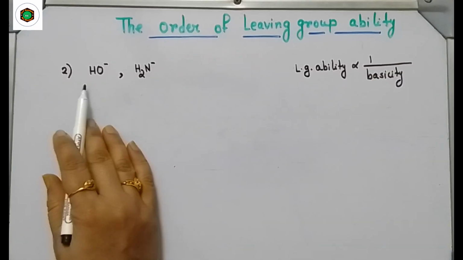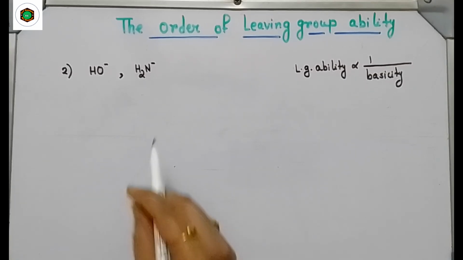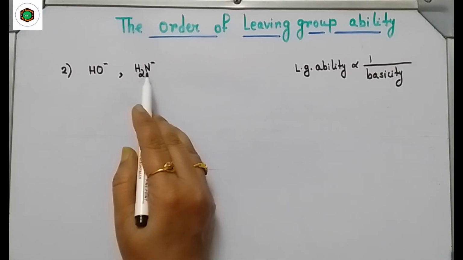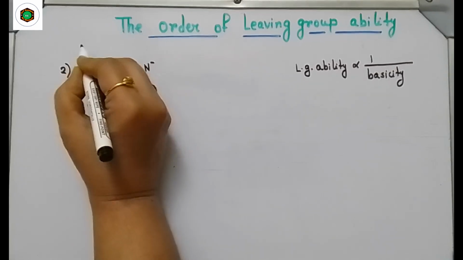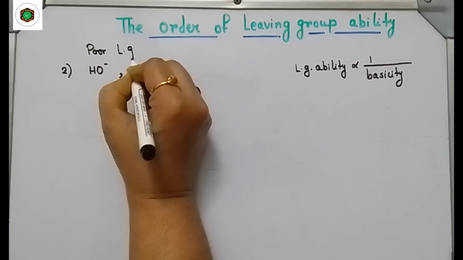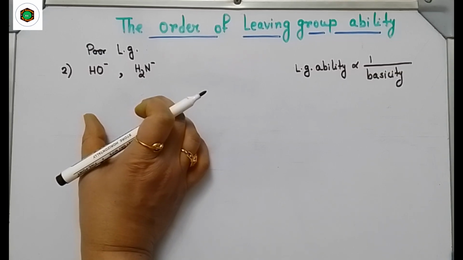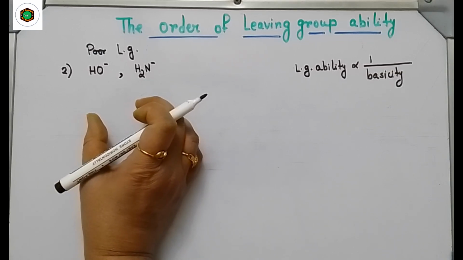Now between OH minus and NH2 minus, which one is a better leaving group? OH minus and NH2 minus both are poor leaving groups. Now between these two, which one is better? How to find out?